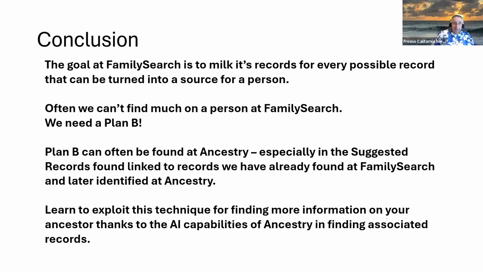Okay, so you can see how this system works really well. In the end, our goal is still to milk FamilySearch for all of its records and attach as many as we can to the people we're working with. But when they don't give us what we need, we have to go to Plan B. Plan B, in this case, for the ones we showed you today, is found at Ancestry, especially with their suggested records.